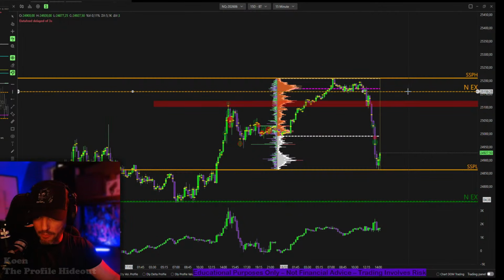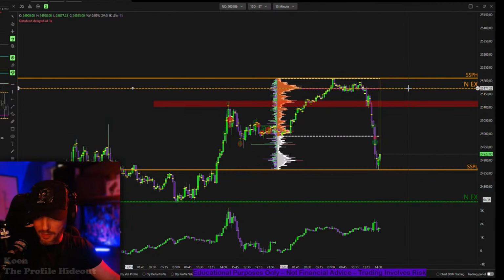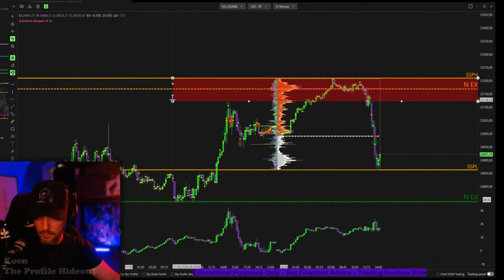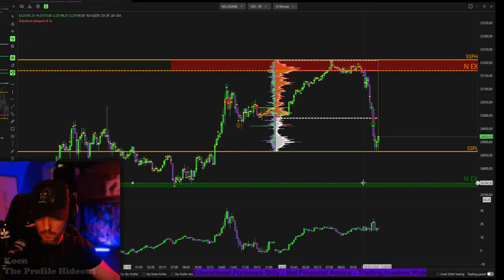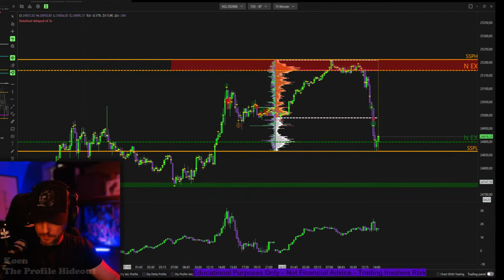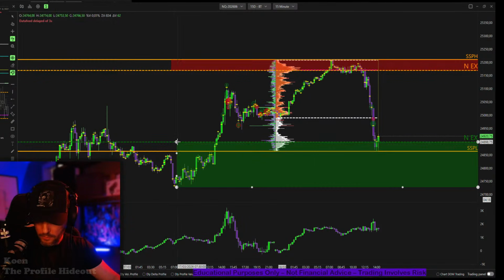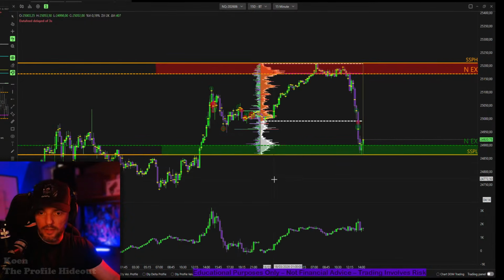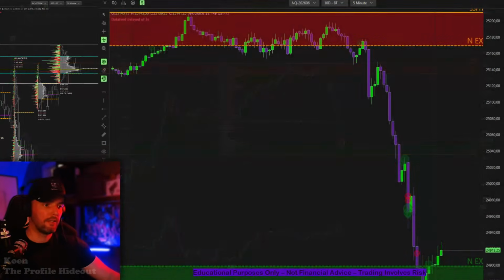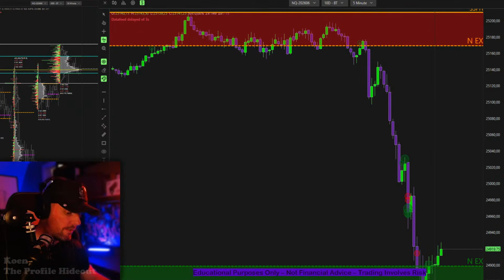Biggest sell aggression is going to be at basically the POC. Buy aggression is going to be against the high volume node. And just like that, I get a plan to trade.